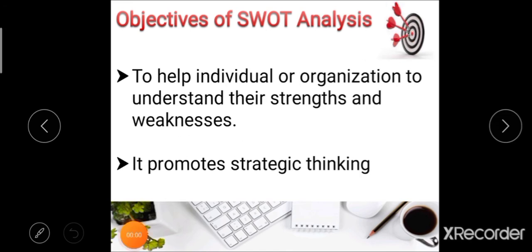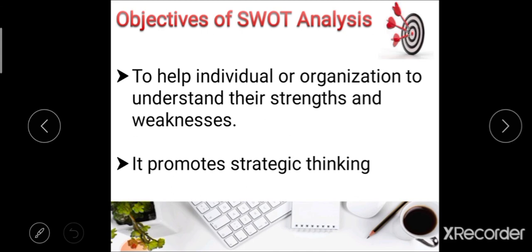The next objective of SWOT analysis is to help the individual or organization understand their strengths and weaknesses. By understanding strengths, he can improve more and more according to them.